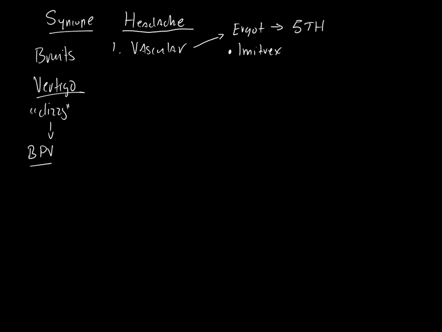It's non-narcotic, and in general, we don't like to treat migraine headaches with opioids if we can help it. We try to do non-opioid treatments. So Imitrex is one example. It's an injection, and a lot of patients will actually have an Imitrex injection that they keep with them at home.